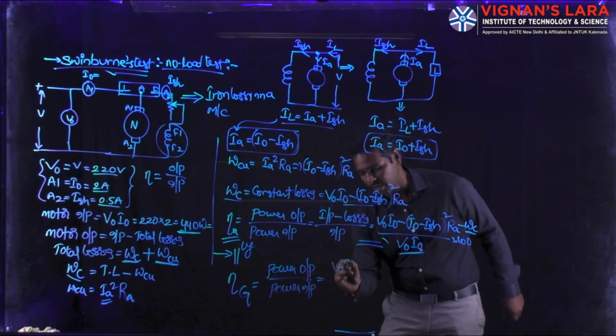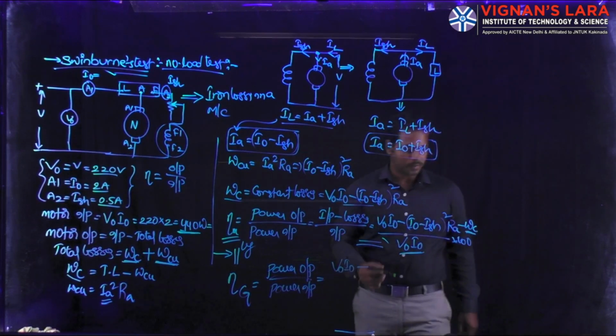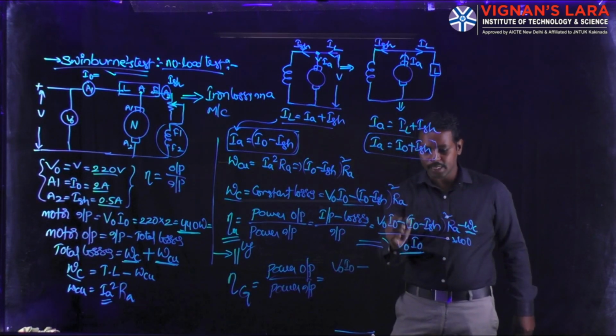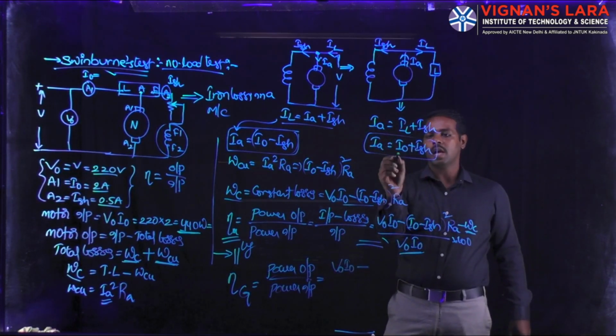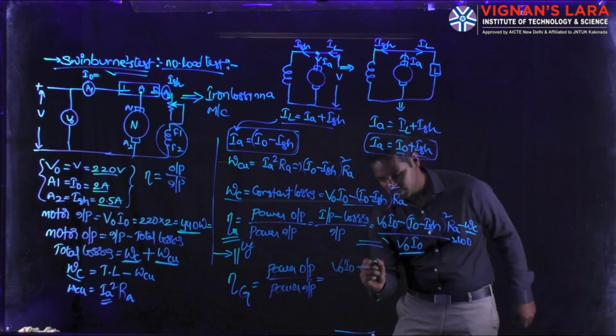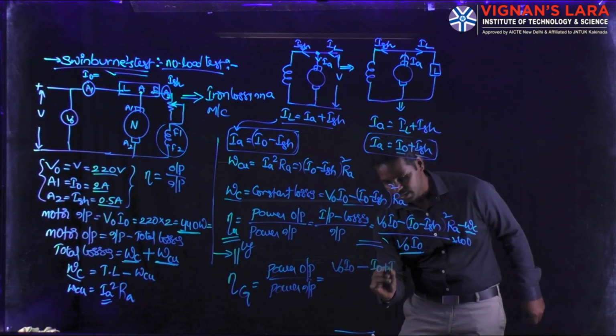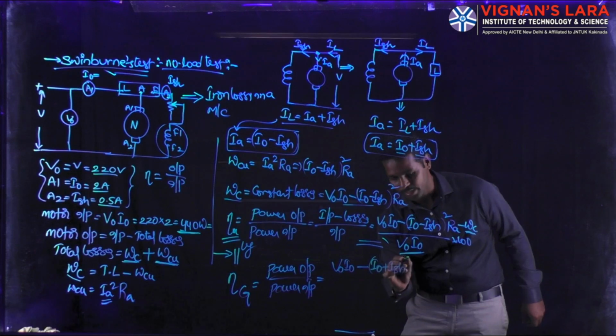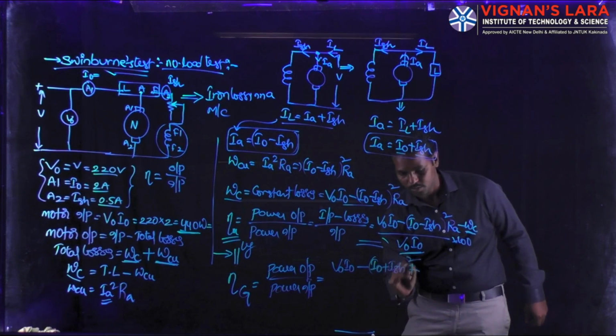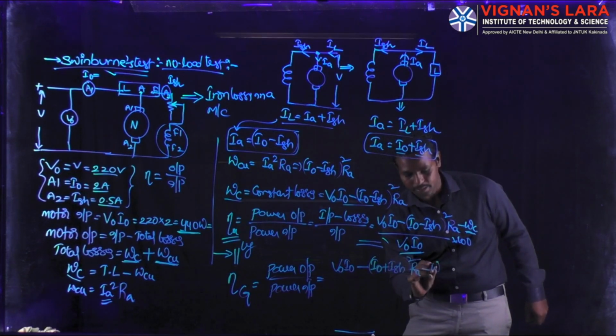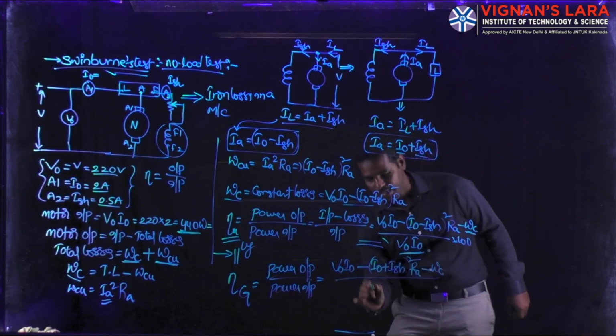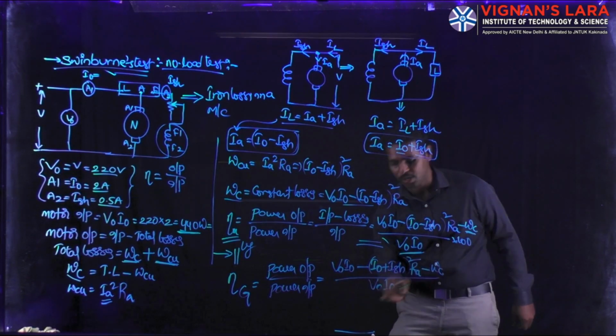So V naught I naught minus, with this expression changed to I naught plus ISH whole squared, RA minus WC, divided by V naught into I naught.